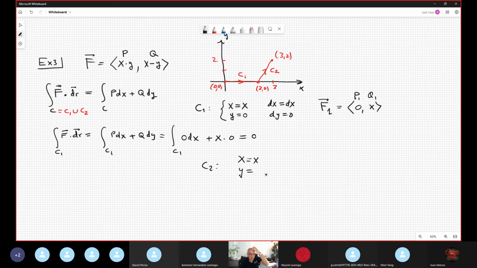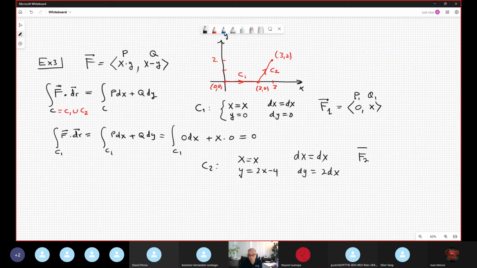You find the slope, use the point-slope formula, and you determine that y is 2x minus 4. Now the differential dx is dx, but dy is 2dx, because you differentiate with respect to x: the derivative of 2x is 2 and the derivative of 4 is 0.